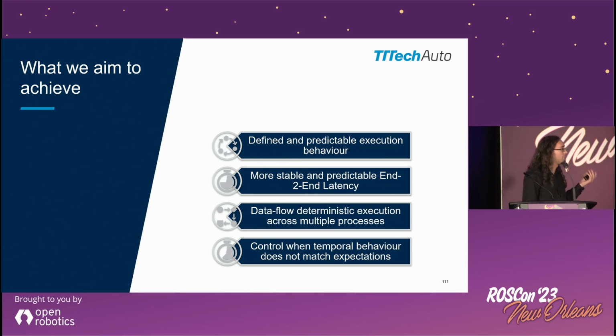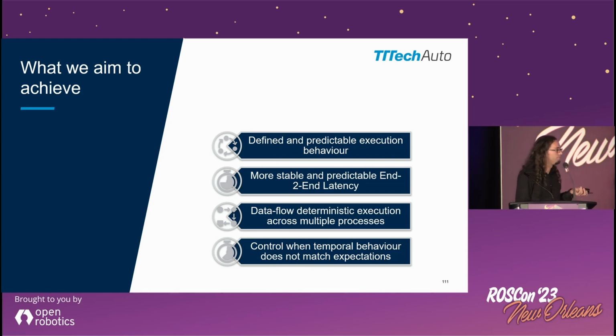Also, we need to have stable and predictable end-to-end latencies. So this processing chain must finish in 100 milliseconds or whatever the deadline is. And we need to make sure that we can really have this when it's running. As I already said, we do have this application distributed across multiple processes, so we need to coordinate across them in a way that makes it usable.